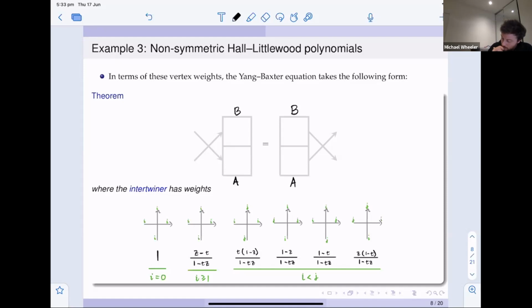Then I will perform a sum over some other vector C, and this sum over C happens on this side as well. So C lives here, that's this sort of internal edge.